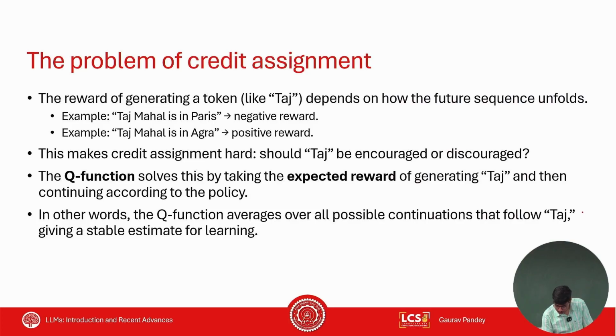I should mention that the Q function is always a function of the policy. If you use this Q function, that gives you a very stable estimate for learning, because it tells you whether to increase or decrease exactly, and does not depend on the sample that you are going to generate, so training becomes stable.